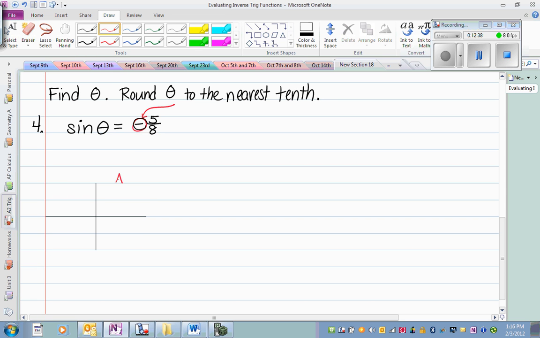A, S, T, C. Where is the sine value negative? What 2 quadrants? In T and C, so 3 and 4. So make your bow tie triangles there. Now, when we go to do sine inverse, what are we actually going to put in our calculator?